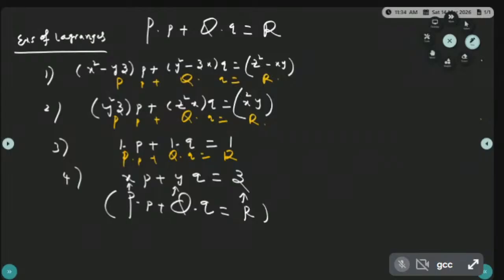See, these are just examples. Now we are going to find the solutions to this. Right. Note, to solve these Lagrange's equations, we have two methods.